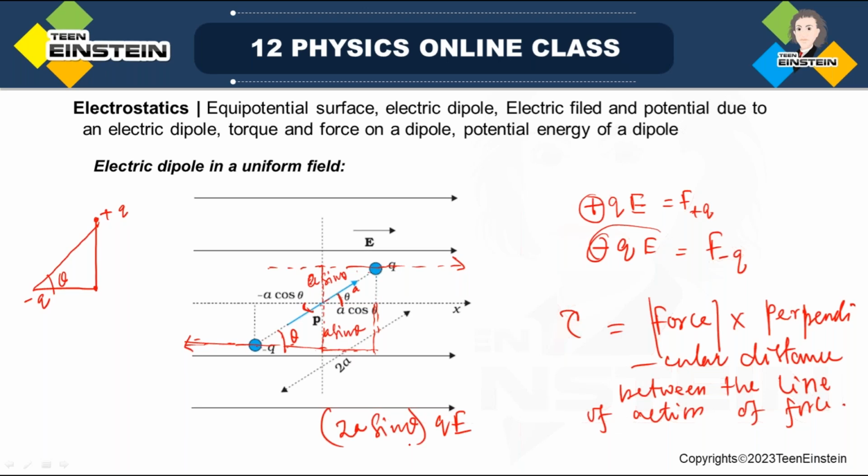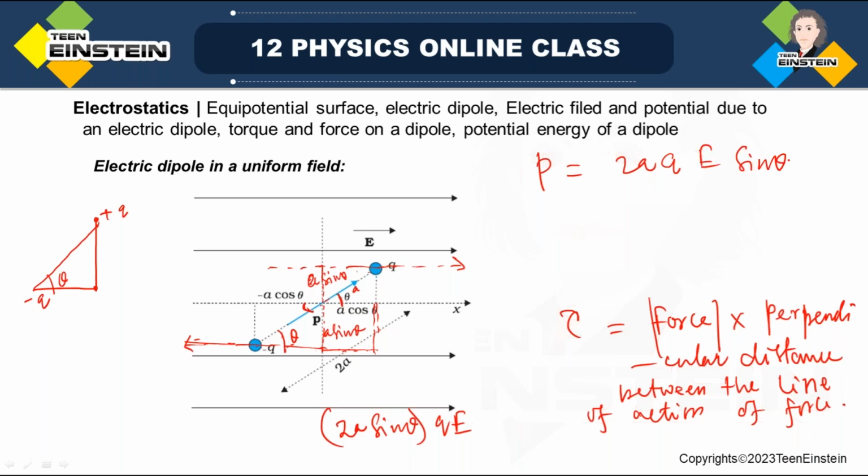Okay, so I'll just write it here. You can see what the dipole will be. This is 2aq into E sin theta. So what is 2aq? 2aq is p.